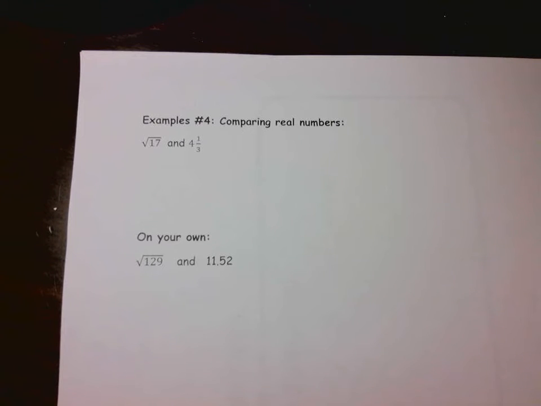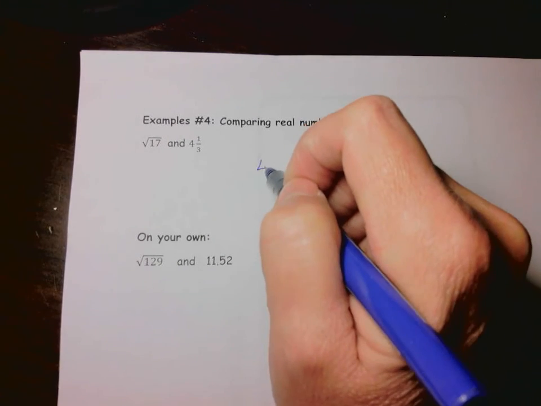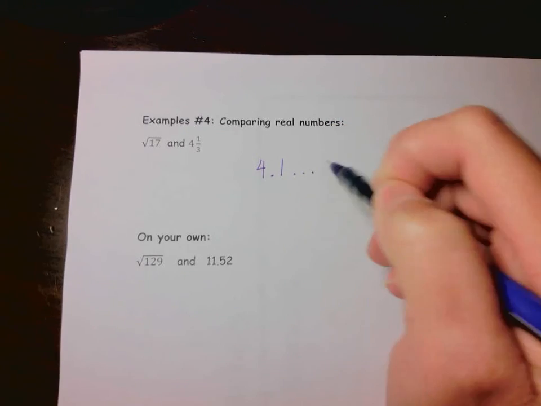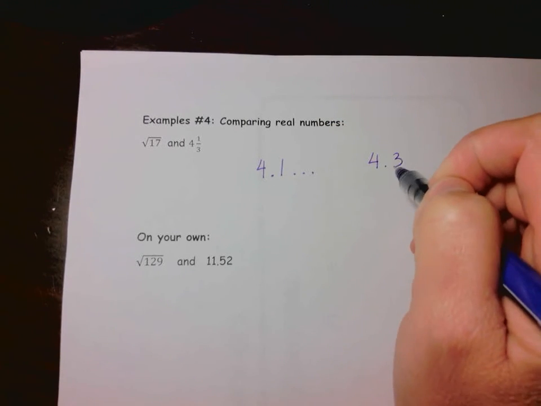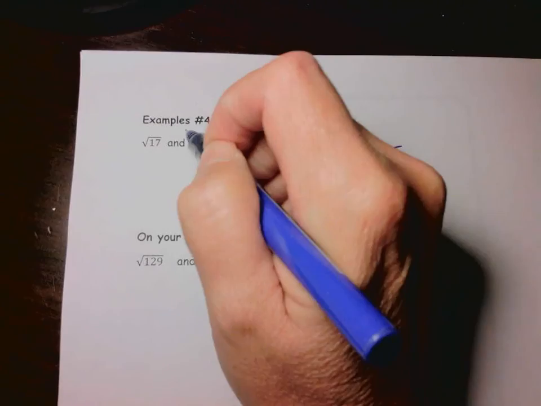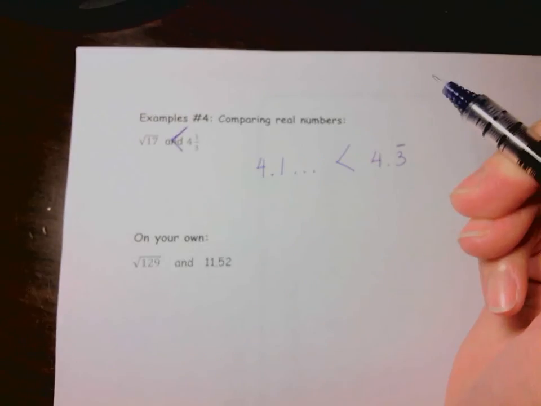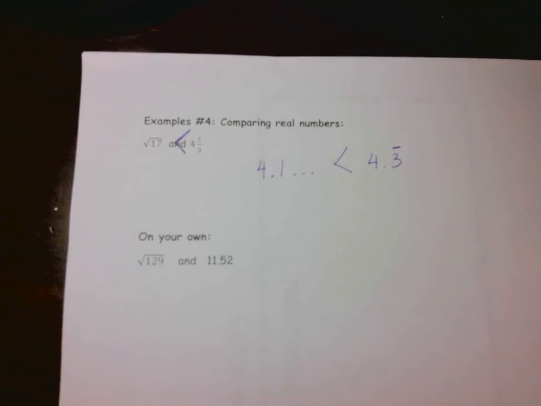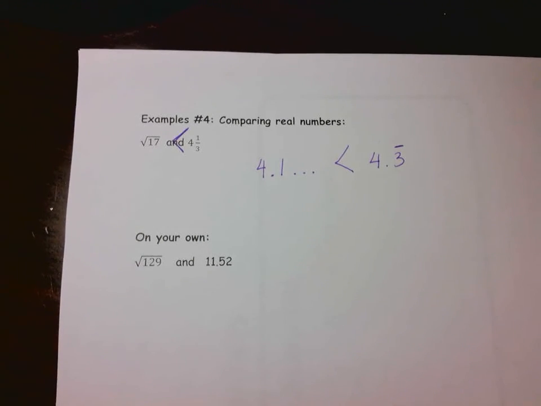You need to get a little closer than that. So use your calculator and find exactly what the square root of 17 is. And you find it's about 4.1 something something. And you're comparing it against 4 1/3. And so remember, the alligator is going to eat the larger number. And so you would say the square root of 17 is less than 4 1/3.